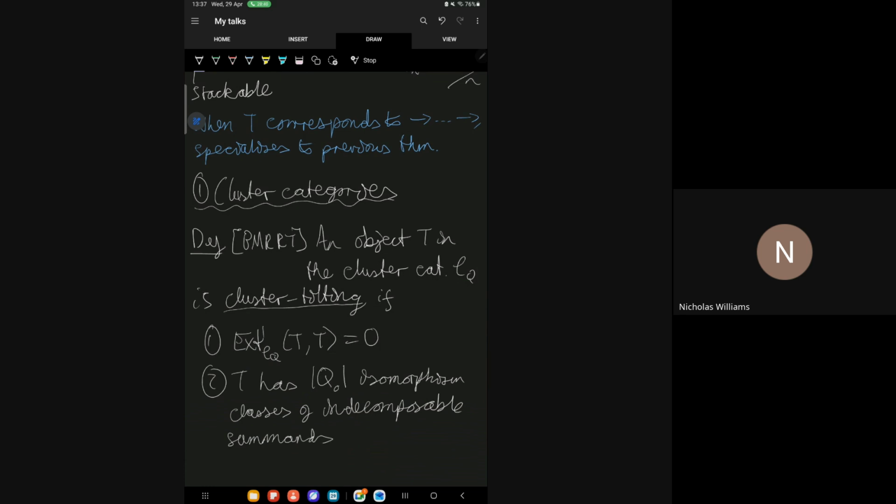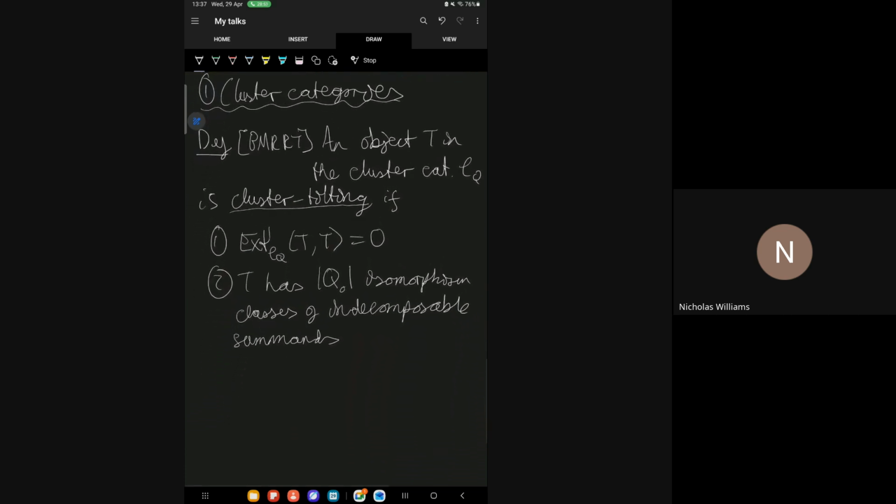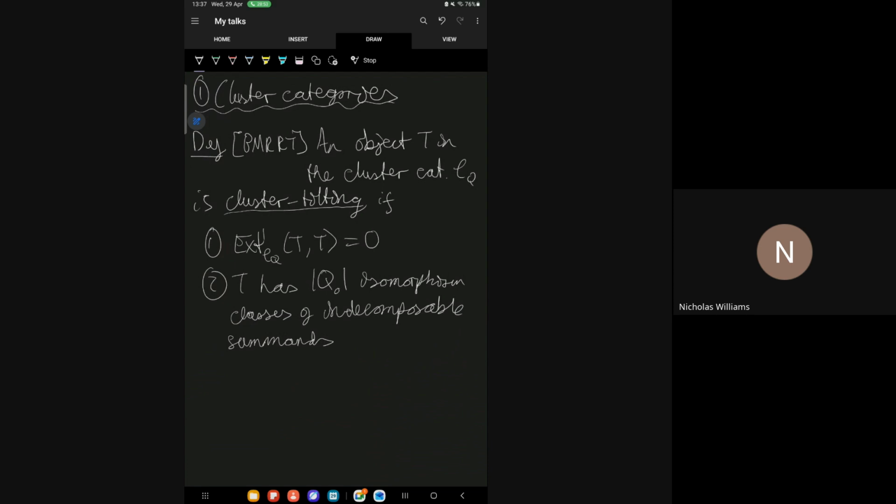Okay, so I'll give a sort of explicit combinatorial description of these in type A, which is of course the case we're interested in, and then I'll do an example, which will hopefully make things a bit more concrete if you haven't seen this before.